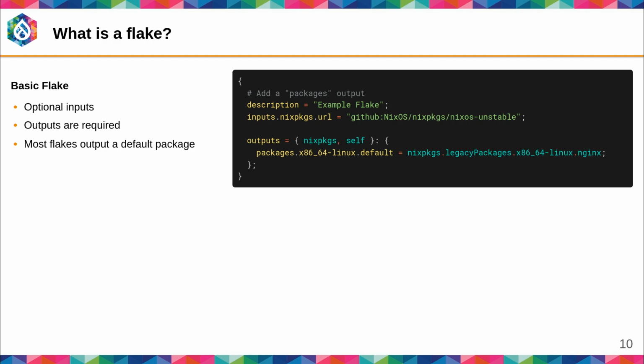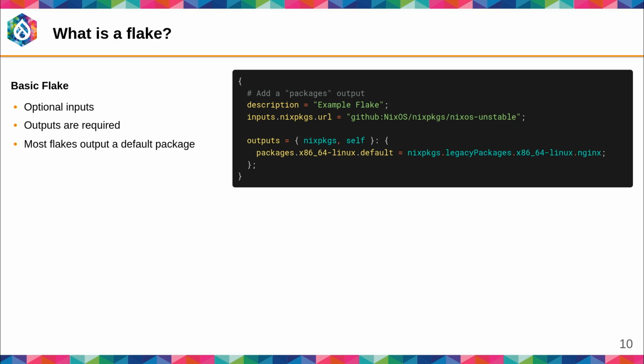So most flakes will start with a default package. Very much the idea of Nix is that you are building packages. They also call them derivations, and a derivation is basically something that ends up in your Nix store, and we'll talk about stores a little bit later, but it's basically a directory tree that contains the built output of whatever is going into the recipe.